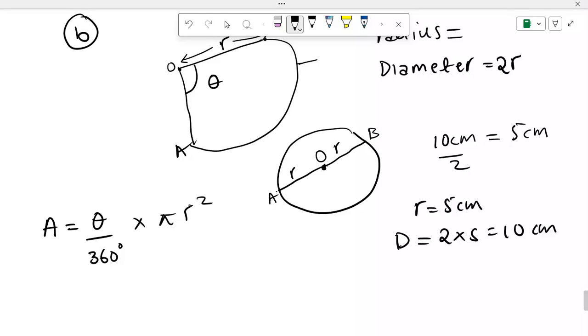What is this term, pi r squared? What's the area of the circle? The formula of the area of a circle.